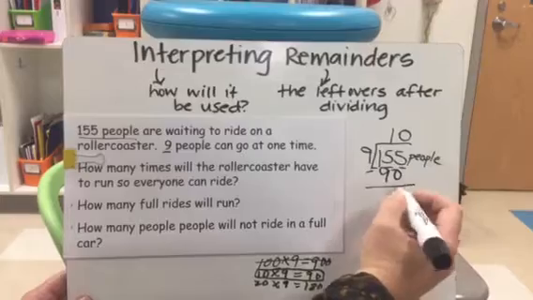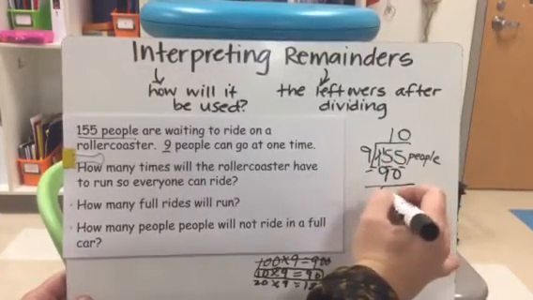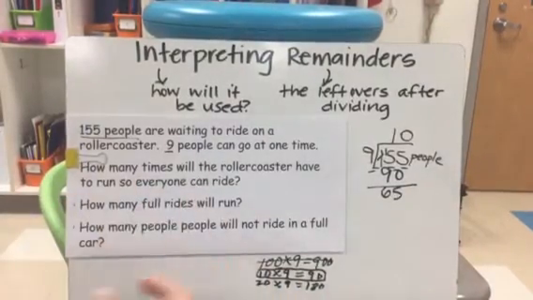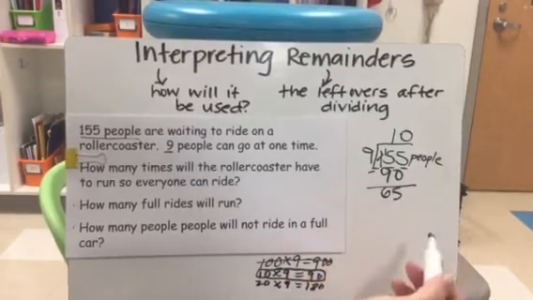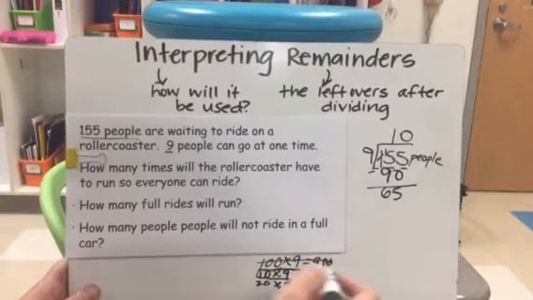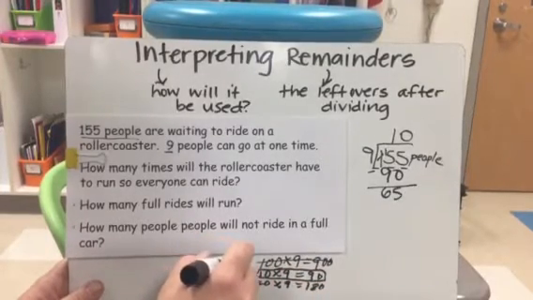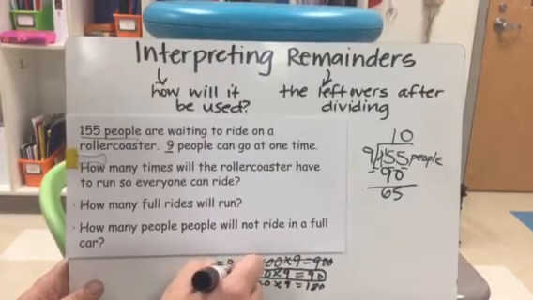But after those 90 people are gone, there are still 65 people waiting in line. So we need to see how many more times the roller coaster needs to go until everyone has gone. Well, I did my 10s, now let me do my 1s. Now you could say, well, if I do 1 more group of 9 for the roller coaster, that's 9 people. If I do 2 more groups of 9, that's 18.